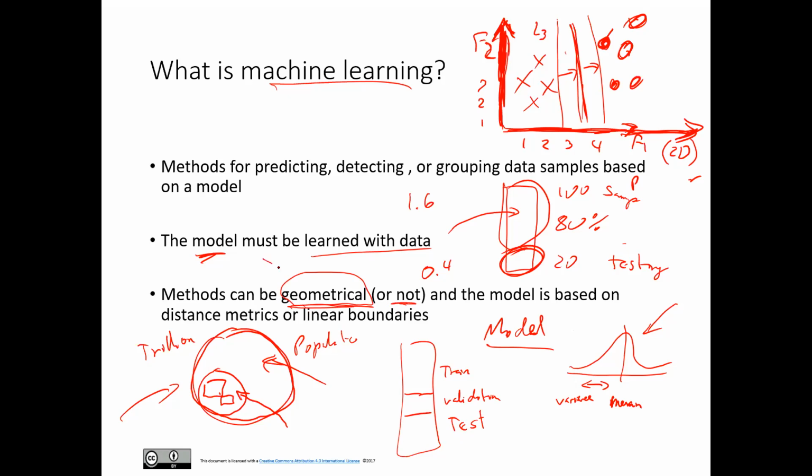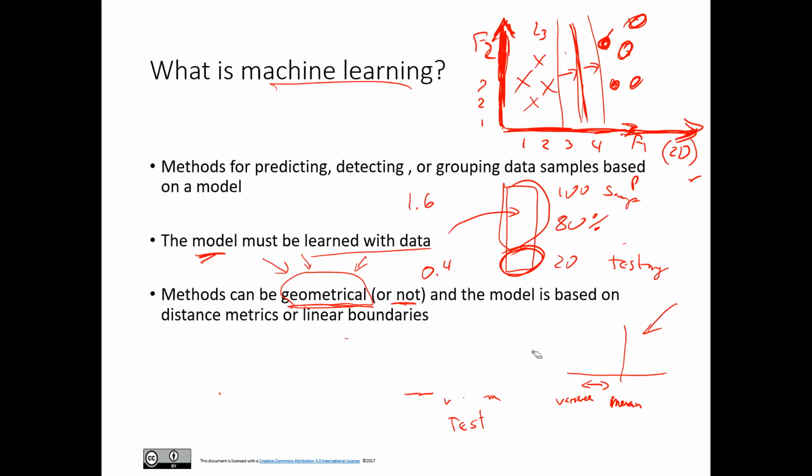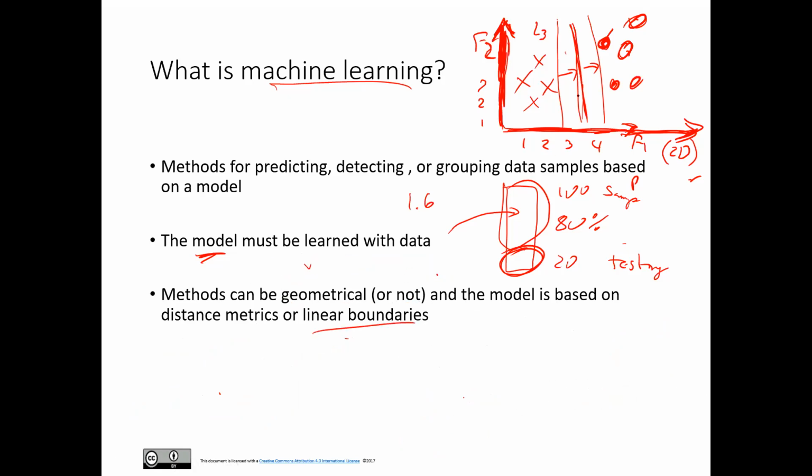A lot of the foundations of machine learning have to do with the Cartesian plane and vector spaces that you learn in high school. The models are based on either distance metrics, which we haven't discussed yet, or linear boundaries, which I talked about when I discussed these lines.